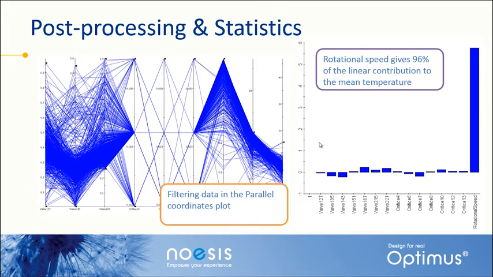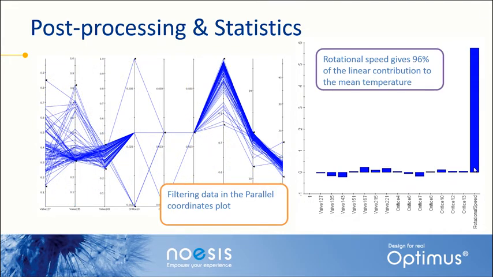The post-processing tools inside of Optimus give you the ability to gain more insight about your design space, or even about your response surface model. For instance, here we see, through an analysis of variance, that the rotational speed is responsible for 96% of the linear contribution to the mean temperature.